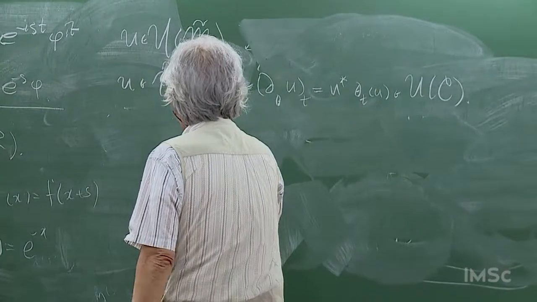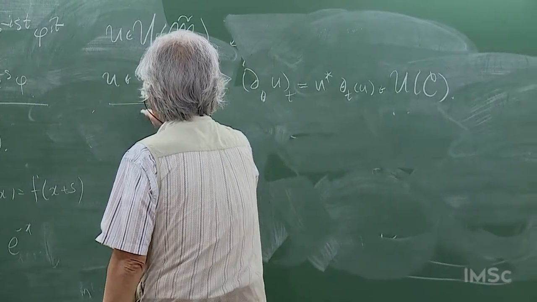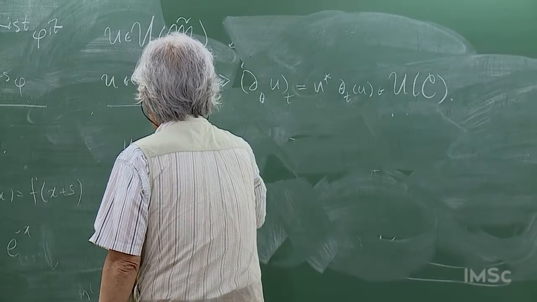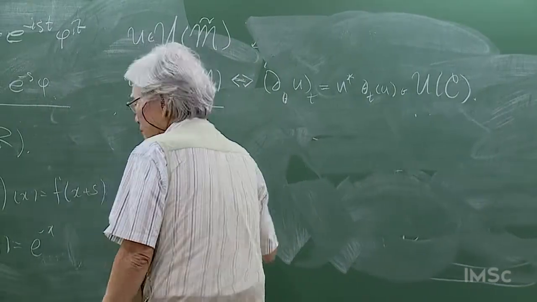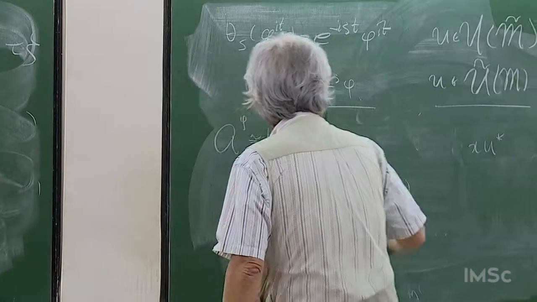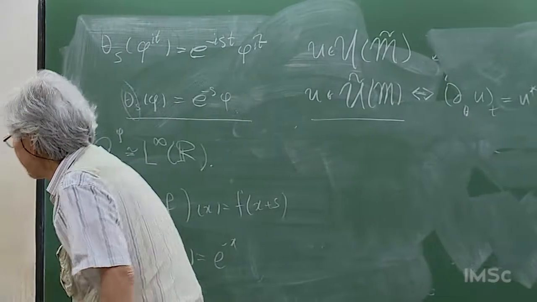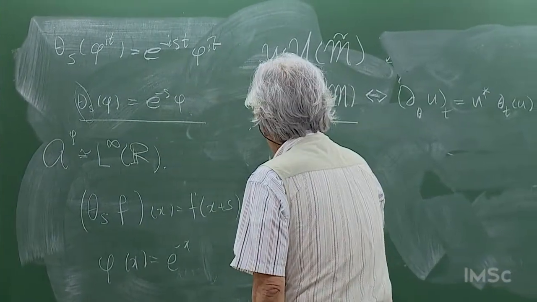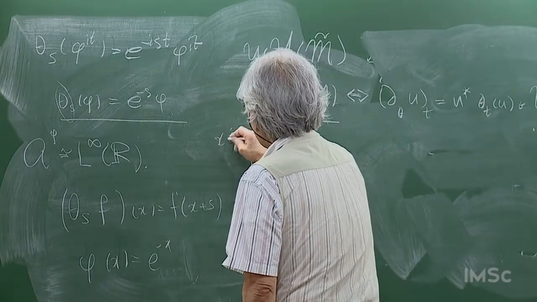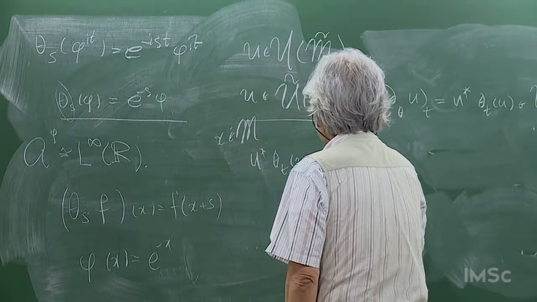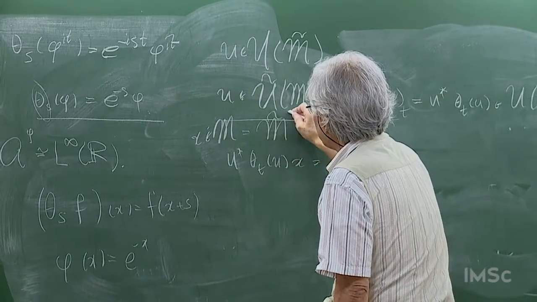Suppose you have this normalizer, U and U star. Let's examine U star theta T of U, and take X in M. M is the fixed point algebra under theta.